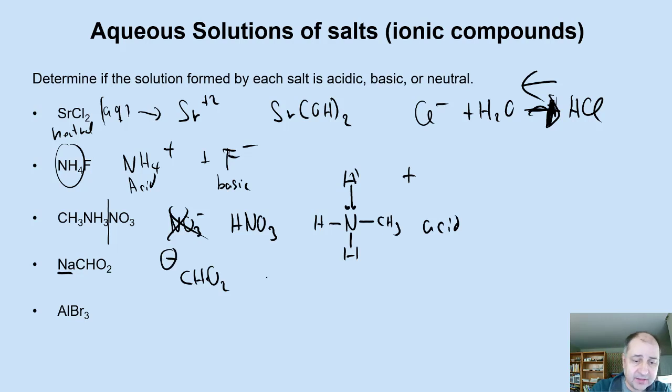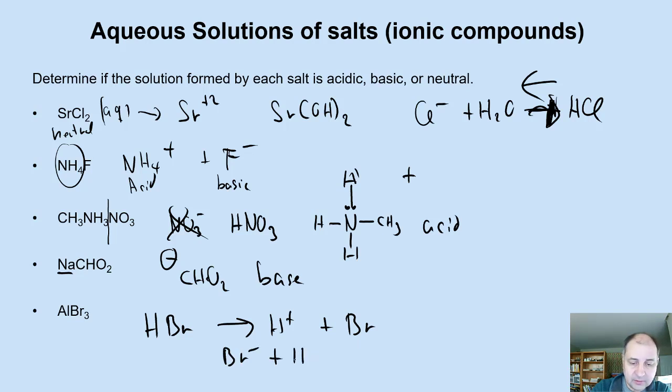It would be basic, it would be a Lewis base. And then finally, bromide, the acid of that would be hydrogen bromide, and that's strong. So bromide is not going to react with water. So that is a reaction that does not occur.